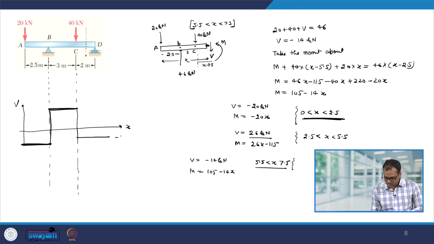Okay. So, this is minus 14 kilonewton, this one is minus 20 kilonewton and this is 26 kilonewton. This is the plot of the shear force.